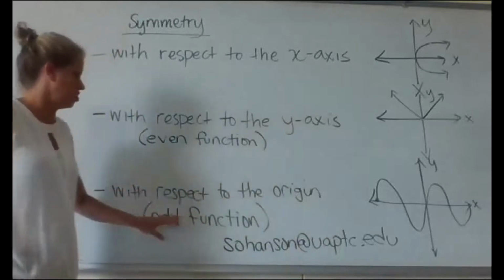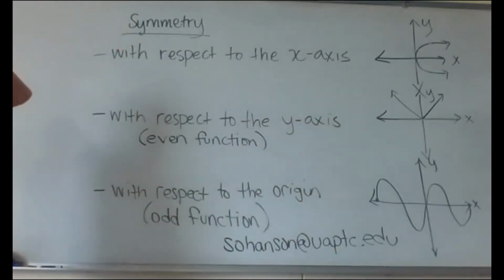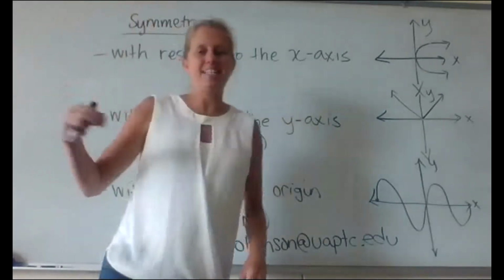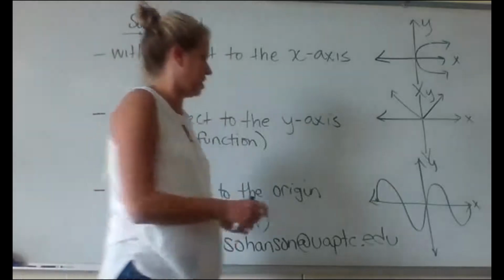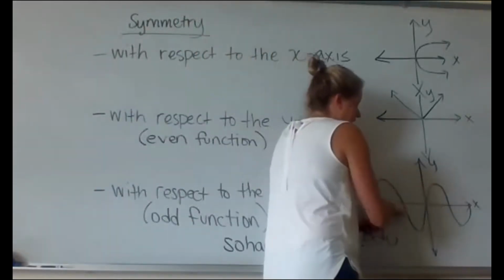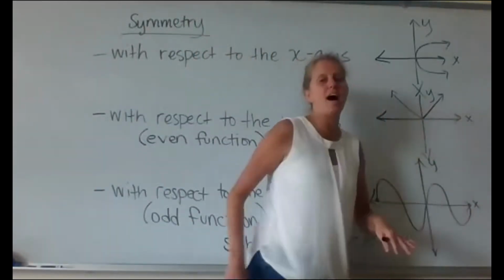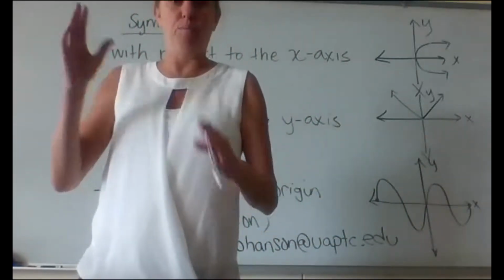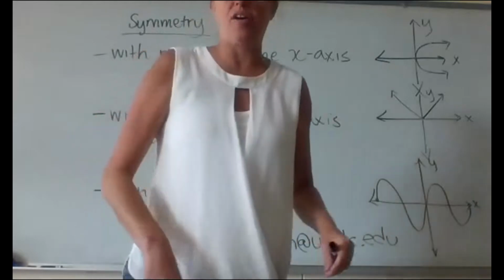Now, here's the one that's harder to see. If you're symmetrical with the origin, that would mean you are symmetrical with both the x and the y-axis, which means if you folded it on the x-axis and then folded again on the y-axis, then one half of the graph would lay on the other half.